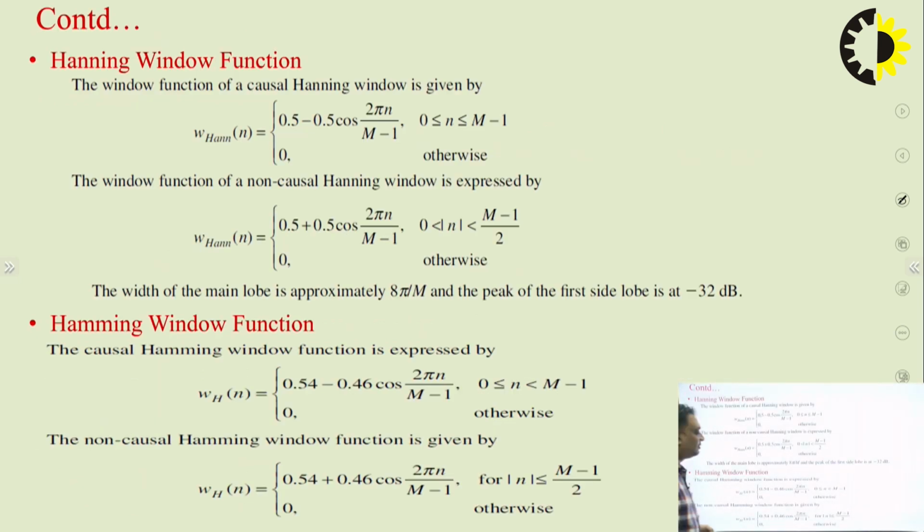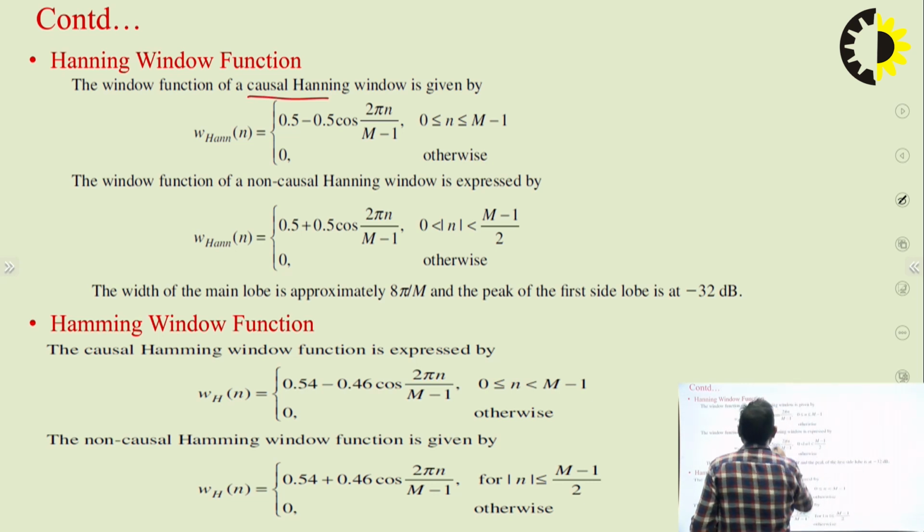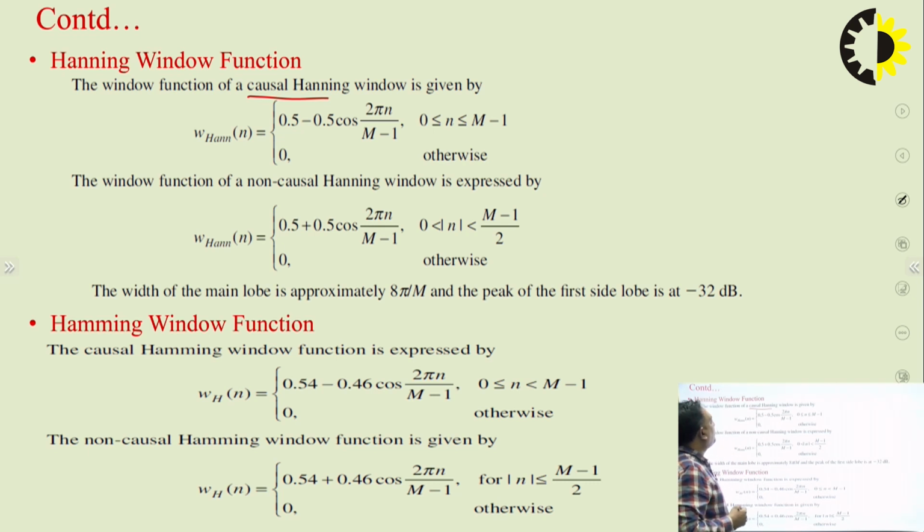Then another window function that is used is the Hanning window function, again causal and symmetric. For the causal Hanning window, the coefficient is 0.5 minus 0.5 cos(2πn/(M minus 1)), where n is between 0 and M minus 1. With this we can calculate the coefficients of a causal Hanning window.